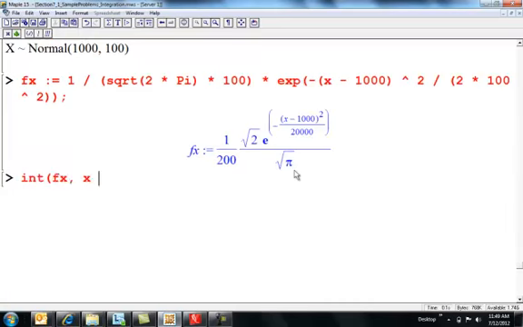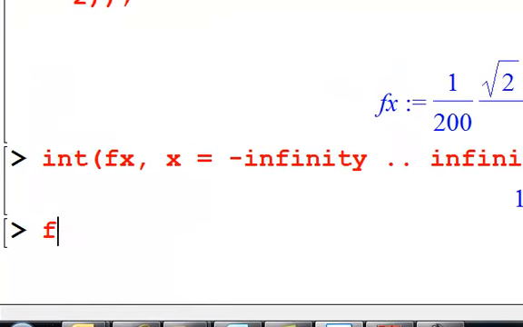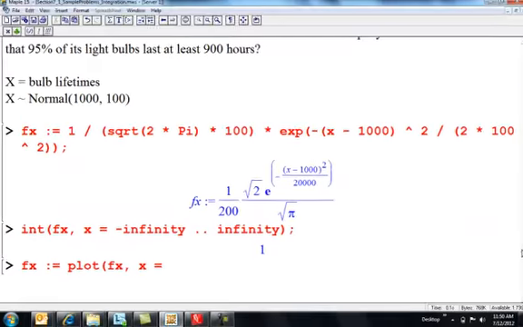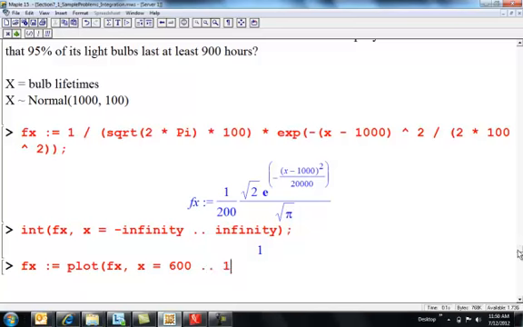Integrate f of x from x equals negative infinity to infinity. Okay, nice, we know a little bit about this. We can probably answer just by thinking about the curve. The mean is 1,000, so let's go 600 to 1,400.